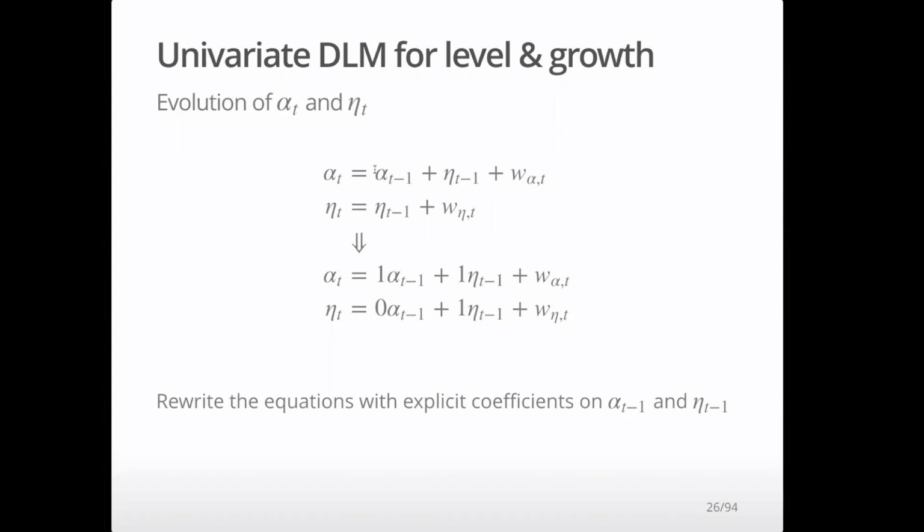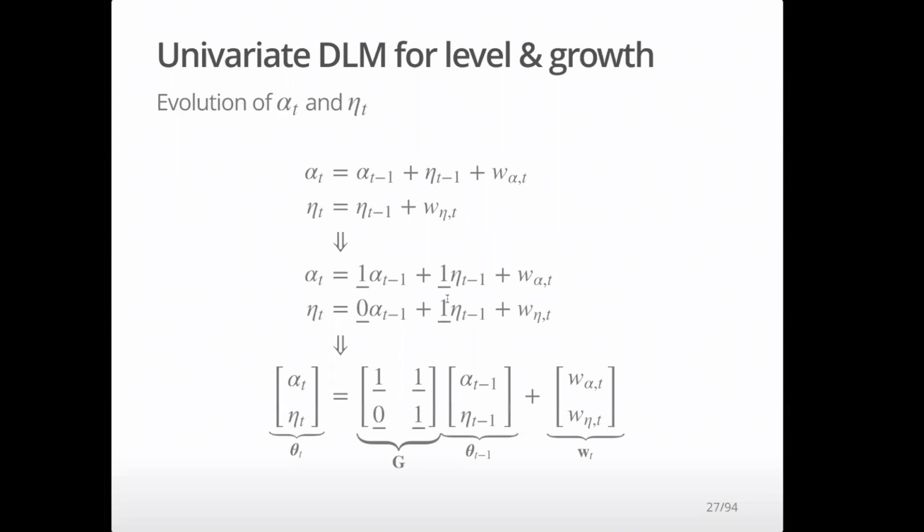So all I've done here is take these two equations and rewrite them down here, putting ones in front of these three terms, and adding in this term with a 0 in front just so these look symmetric, right? Both of these equations have alpha at t-1 and eta at t-1. But this one we're just going to multiply by 0 so it doesn't show up here. That's all I did here.